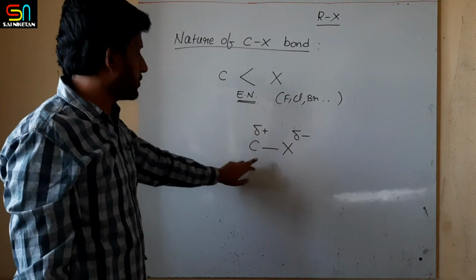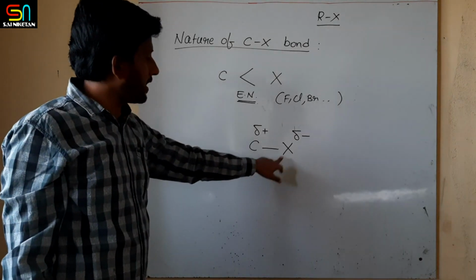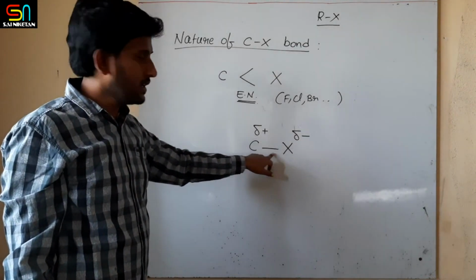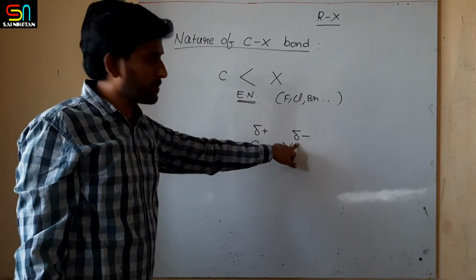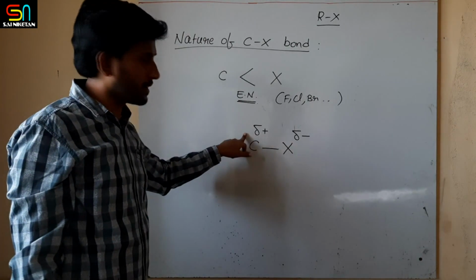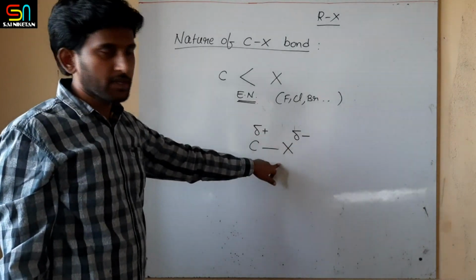That is, due to the electronegativity difference between carbon and halogen, partial polarity arises, which I am representing with delta minus and delta plus, partial negative and partial positive charge.